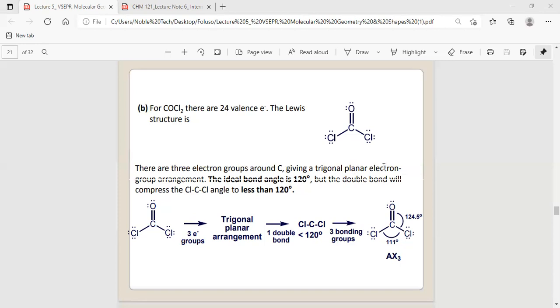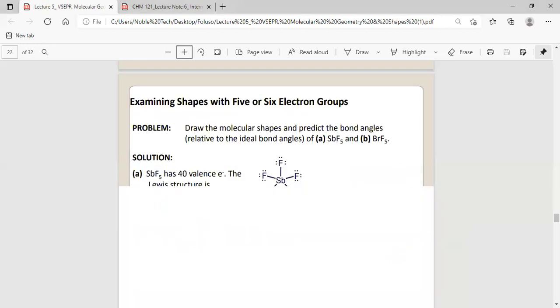There is a trigonal planar structure, and in that structure, you should have 120 degrees between the atoms. But because of the presence of this double bond, you have a repulsion. So that was where we stopped in the last class. We'll move on from there in this present class.